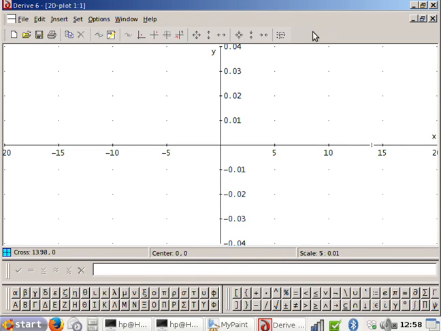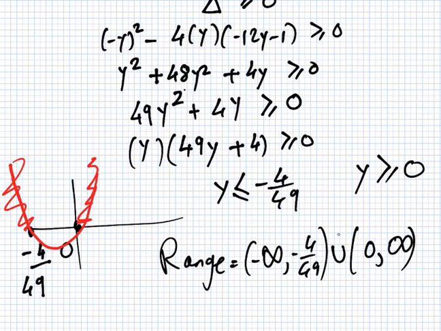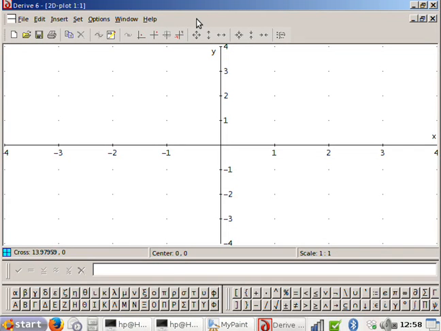So graph it. What two values should I not get on my y-axis? Actually anything between minus 4 over 49 and 0. So there should be a gap on the y-axis, because I'm saying the range is minus infinity to minus 4 over 49. Then we skip and go from 0 to infinity. Let's find out.